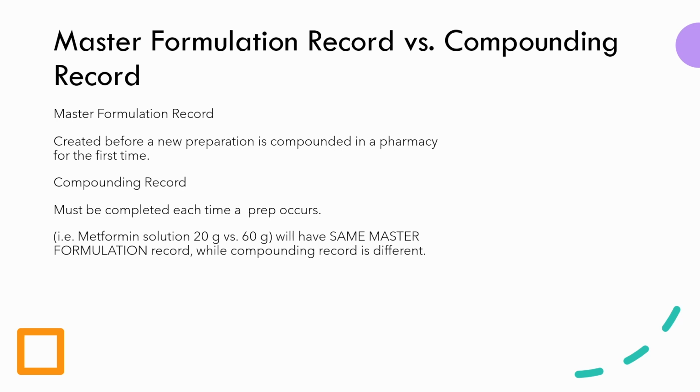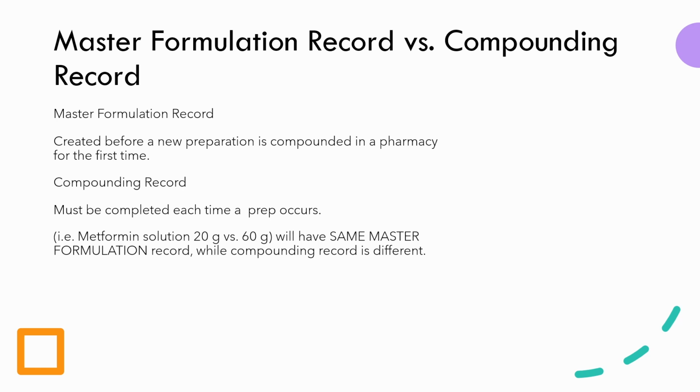Like a cookbook, it will contain specific amounts of the drug product and so on. It needs to be created before a new preparation is compounded in a pharmacy for the very first time.